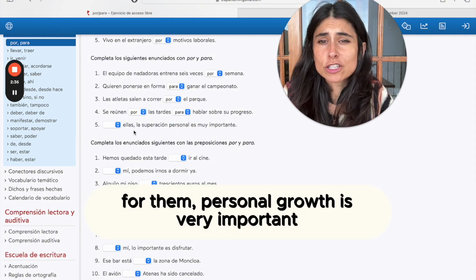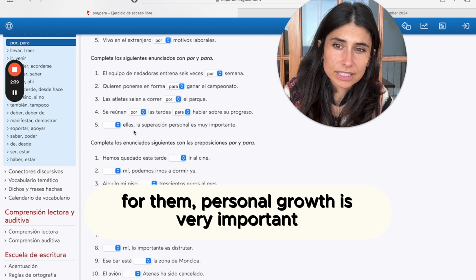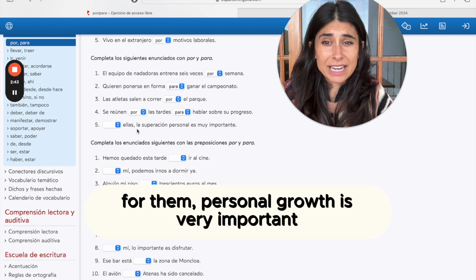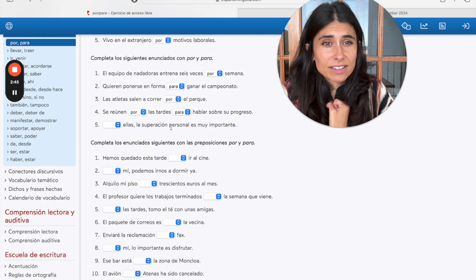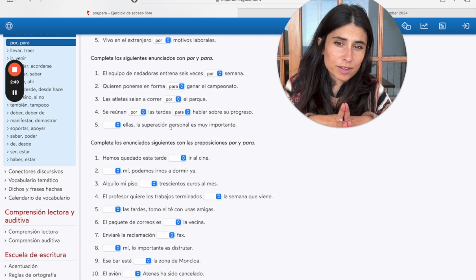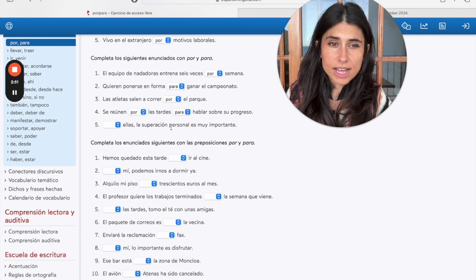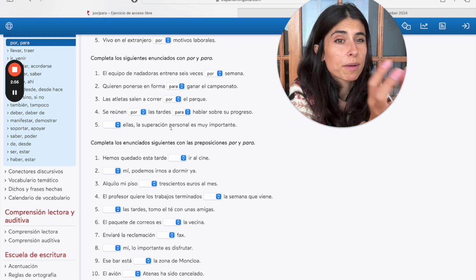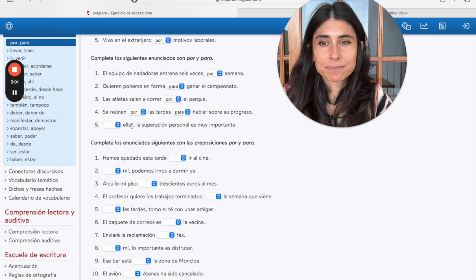Para ellas, la superación personal es muy importante. In this case, we're talking about that la superación personal es muy importante, so the personal growth, it's really important for them. This is really important for them, to them. So it's para.